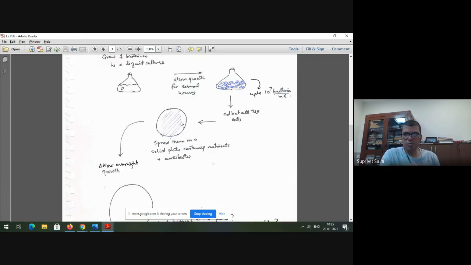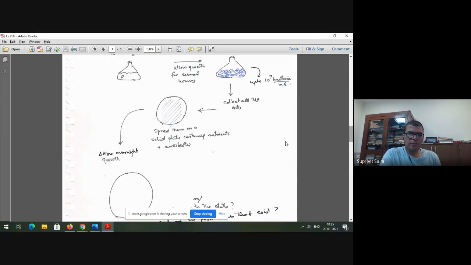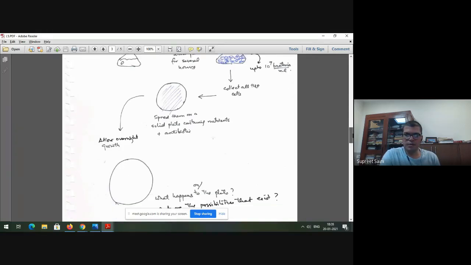On the other hand, it's also possible that 1 bacterium growing here had that mutation, which when it was placed in an environment containing the antibiotic conferred resistance, and as a result that individual would grow. When I come in after overnight growth, I would see a lump of cells around that single bacterium, what I call a colony, right? So I might get 1, I might get 2, but I definitely don't expect thousands and thousands of bacteria.